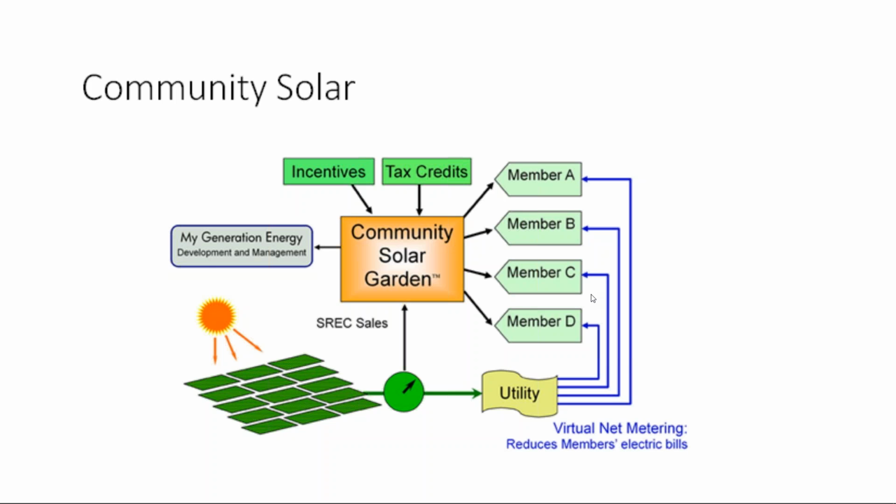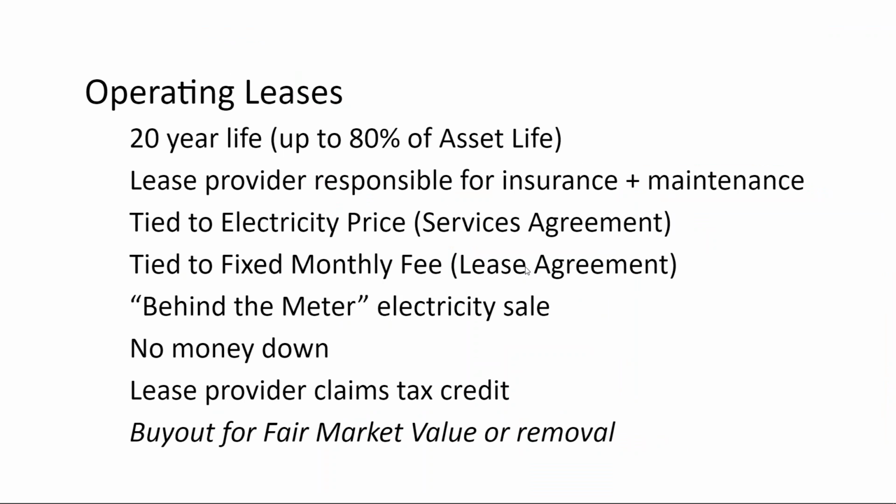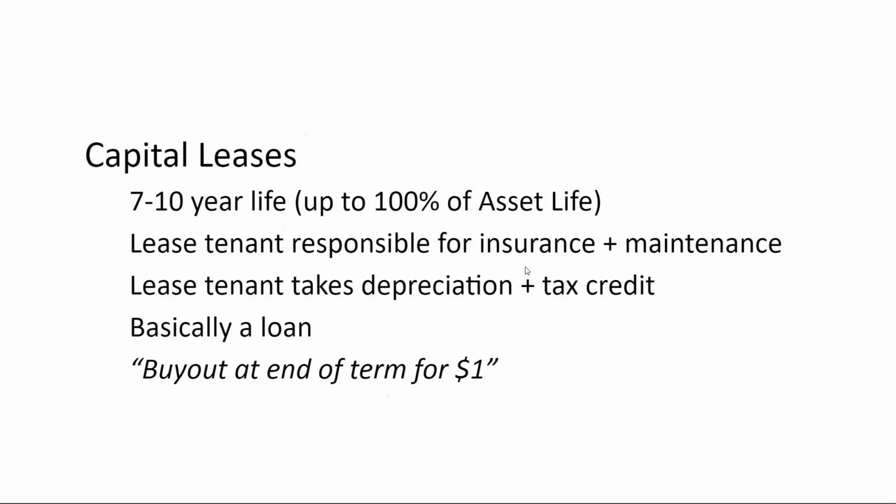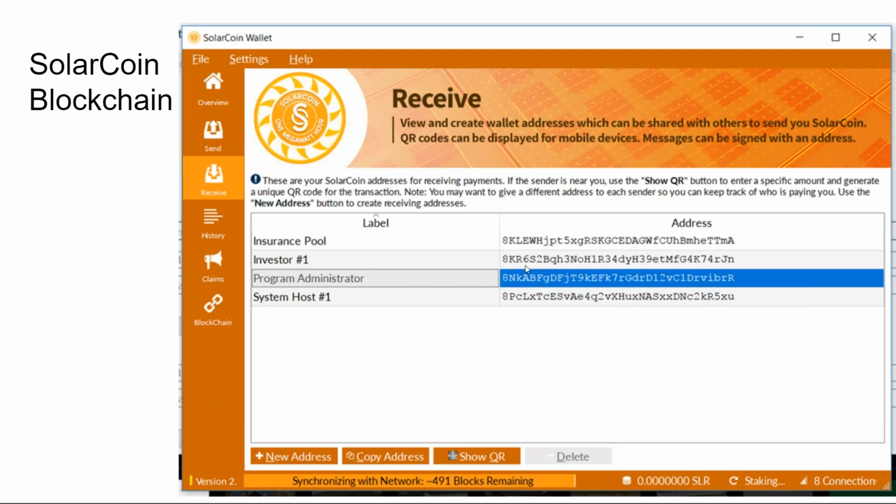No. You can structure it as a series of operating leases. You might want some software for keeping track of array production so that the participants in the community solar program can see how much they've been credited.